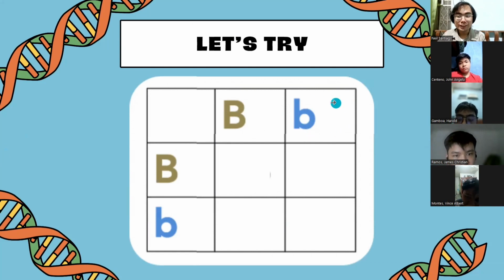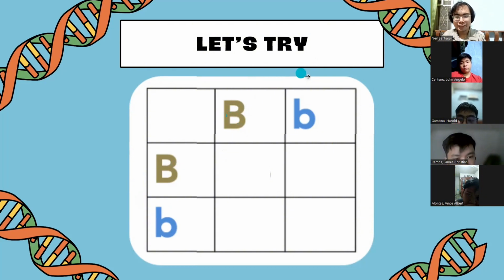We know that blue is recessive to brown eyes, but both of these parents actually have brown eyes because brown eyes are dominant. Since both of the parents have brown eyes, is it possible for them to have a child that has blue eyes? Well, let us find out.